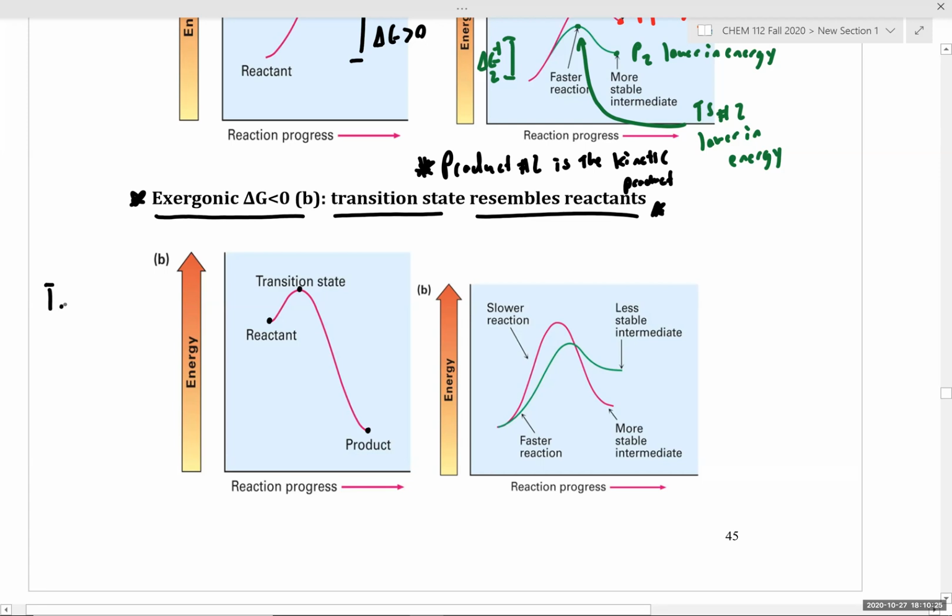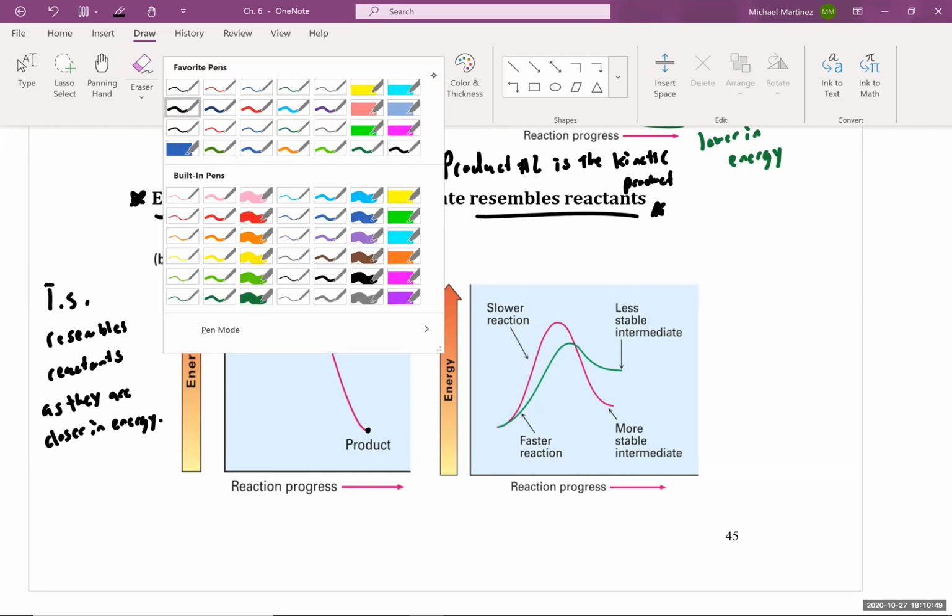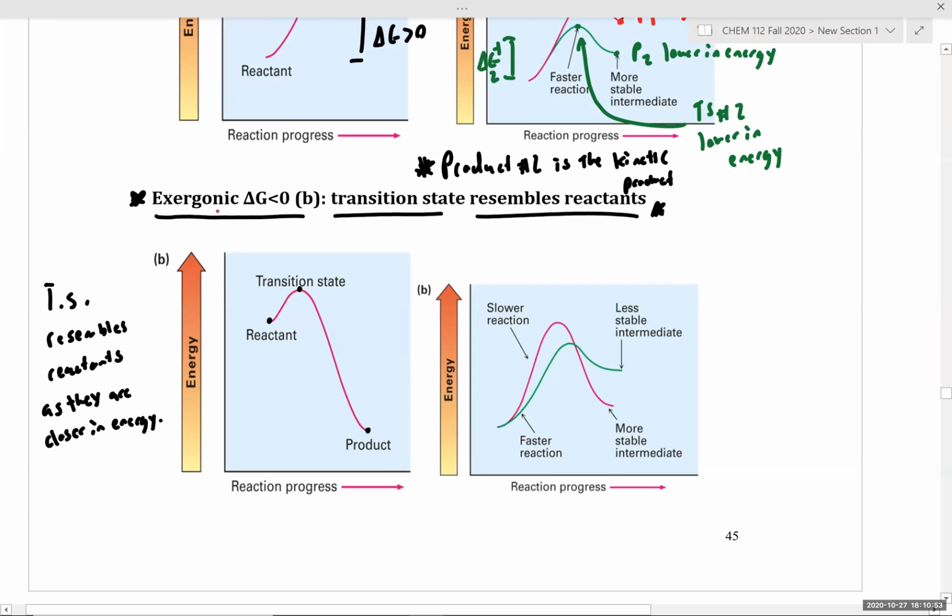So the transition state resembles the reactants as they are closer in energy. Okay, so our transition state resembles our reactants. So with that established, let's look at a variant.